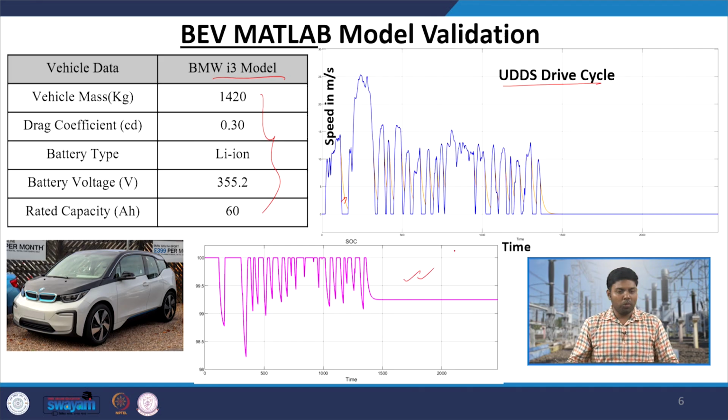This output is with regenerative braking: whenever you drive, the energy level goes down, and whenever you brake, that braking energy is stored back into the battery, increasing the SOC level of the battery pack.